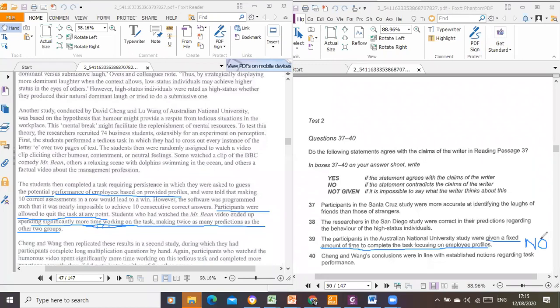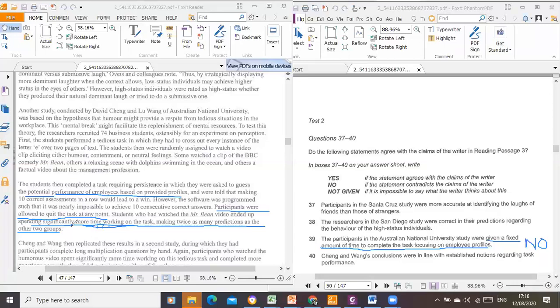The answer is not given, okay, because there is an implied meaning to tell us that these people have the time. The major thing is that they were going to quit before the time, before 24 hours or thereabout. The way they have structured it, it is impossible for them to win, but their persistence is going to be tested over time.